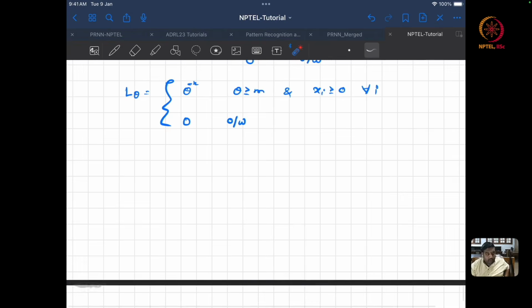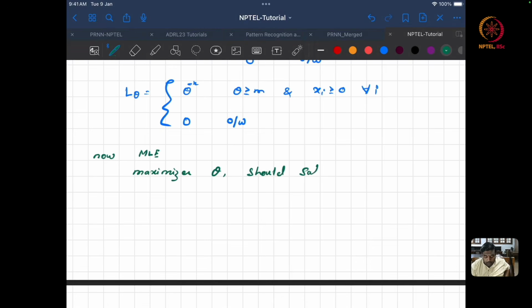So now you have the likelihood, now maximum likelihood. Now what do you do? So now you want to get the MLE. To get the MLE, the maximizer theta should satisfy theta greater than or equal to m.